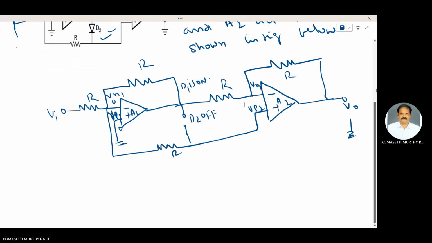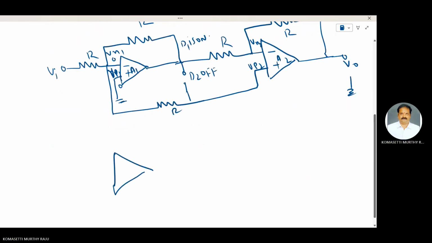VP2 means the non-inverting terminal of A2 is connected to this resistance. One end of that resistance R, another end of that resistance is connected to ground. Therefore, the simplified diagram is like that. Minus, plus.